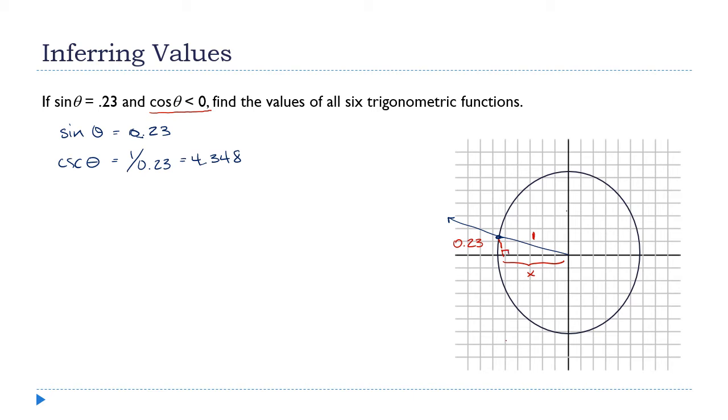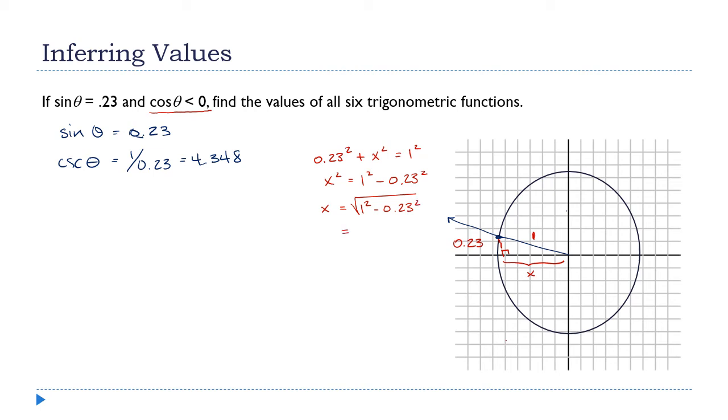So I can apply the Pythagorean theorem. 0.23 squared plus x squared equals 1 squared. So let's move the 0.23 squared over. x squared equals 1 squared minus 0.23 squared. And then take the square root of both sides. x is the square root of 1 squared minus 0.23 squared.